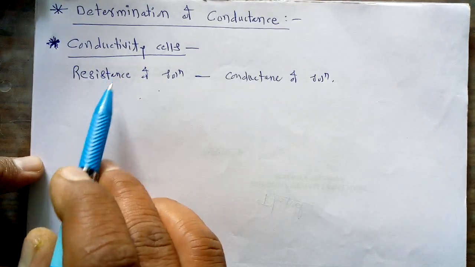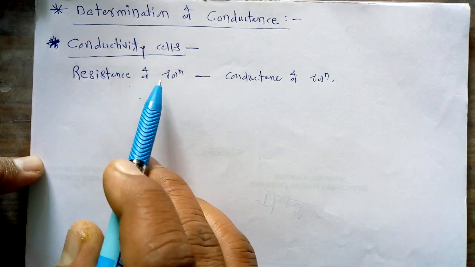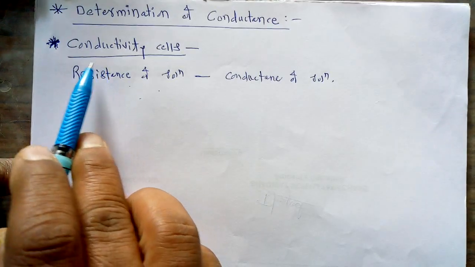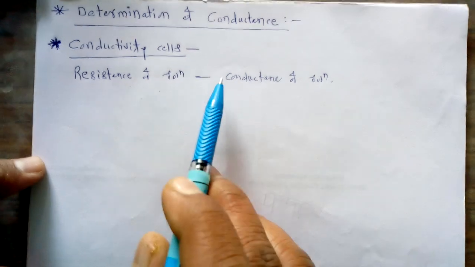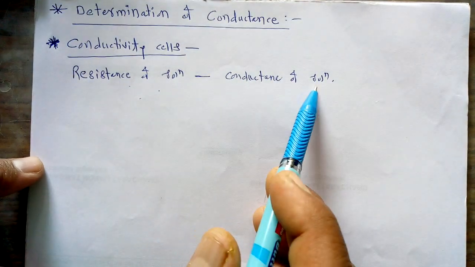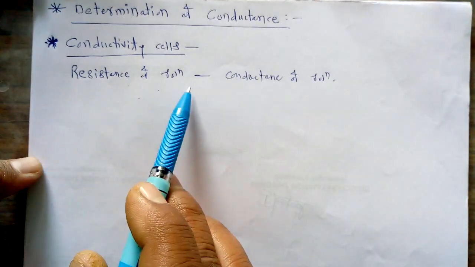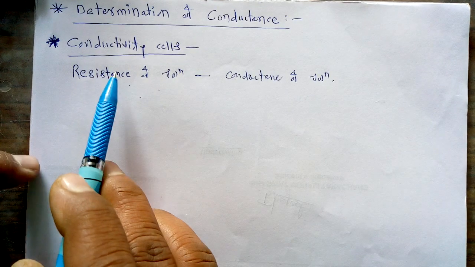First of all, this conductivity cell is useful for the determination of the resistance of the solution. Once we know the resistance of a solution, from that resistance we may then calculate the conductance of an electrolytic solution. So the choice of a suitable conductivity cell is a very important part of the determination of conductance.